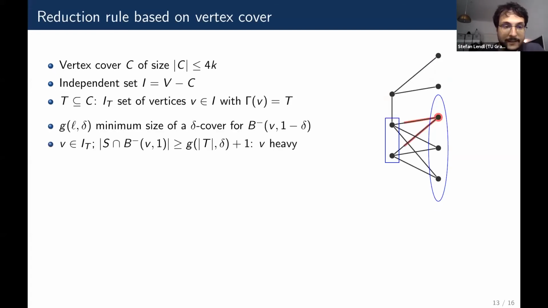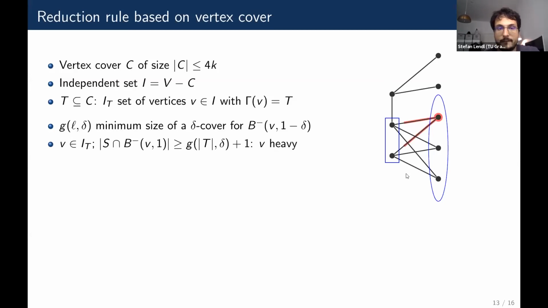Good, what do we do next? We define as GL of delta the minimum size of a delta cover for the open ball around a vertex V, like this one, with distance 1 minus delta. So we select some vertex here in the independent set and look at this open ball, and we can pre-compute, since delta is constant, the number GL of delta, that's the minimum size of a delta cover that covers this part of the space.